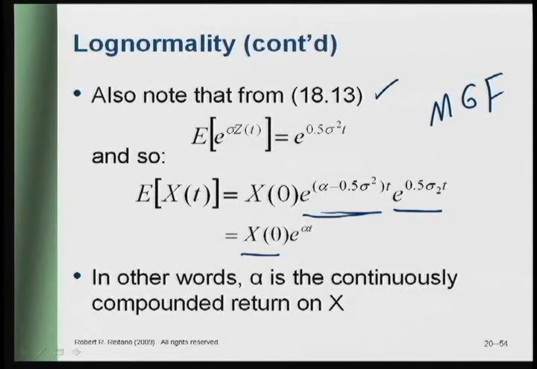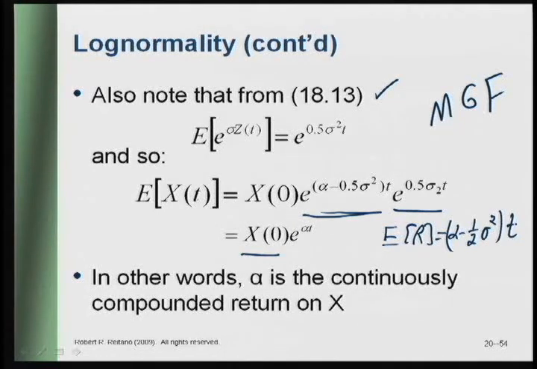You might be a little bit confused, but there's a difference here. In a model of this type, the expected return is equal to alpha minus a half sigma squared times t. That's the expected return.